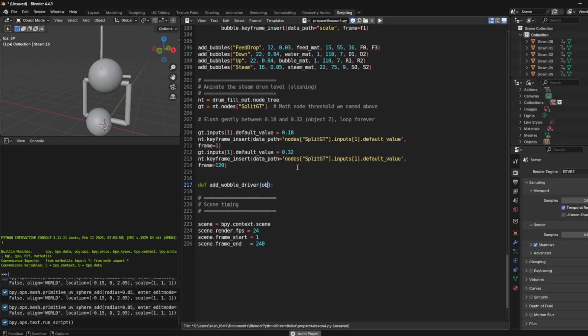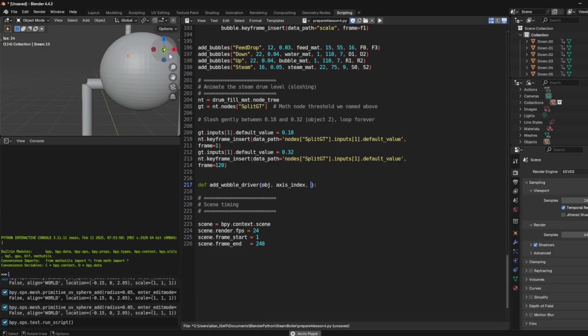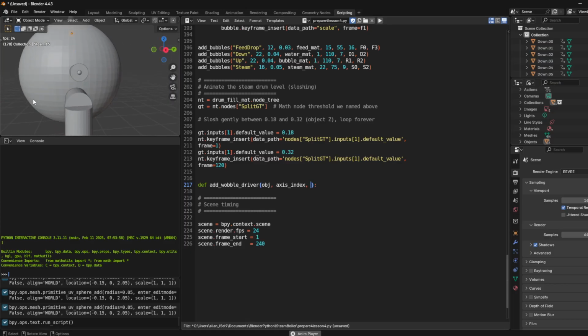Our parameters are object, most likely the bubble, axis index, x or y, because we want to wobble it either this way, which is x, or that way, which is y.